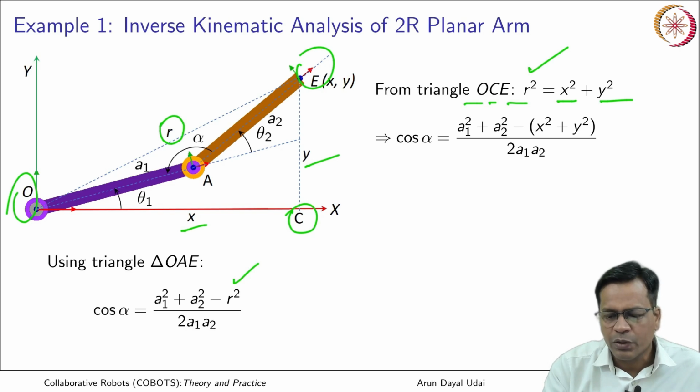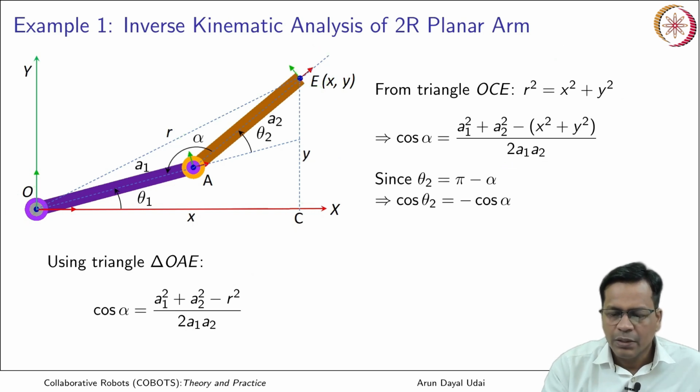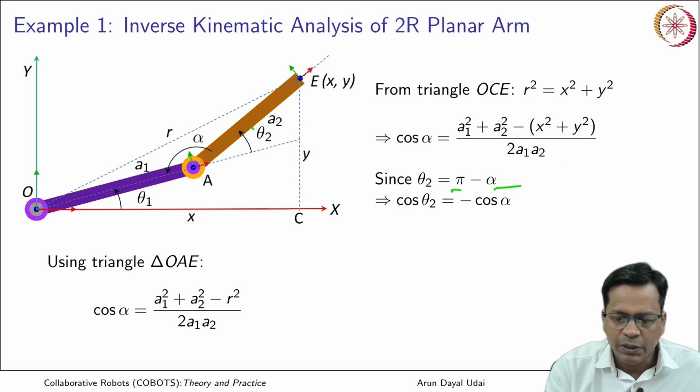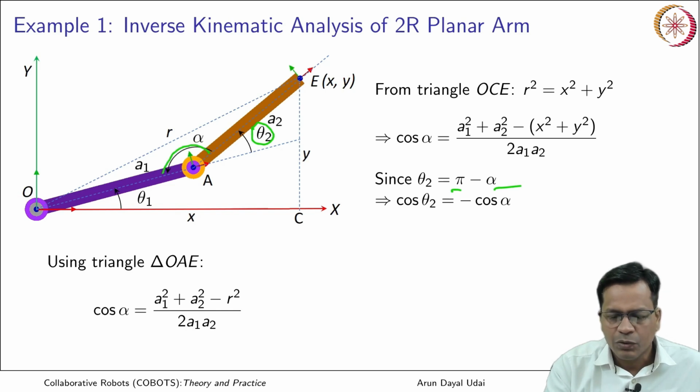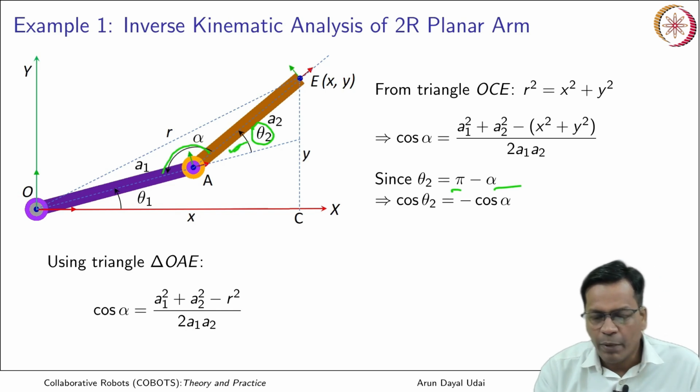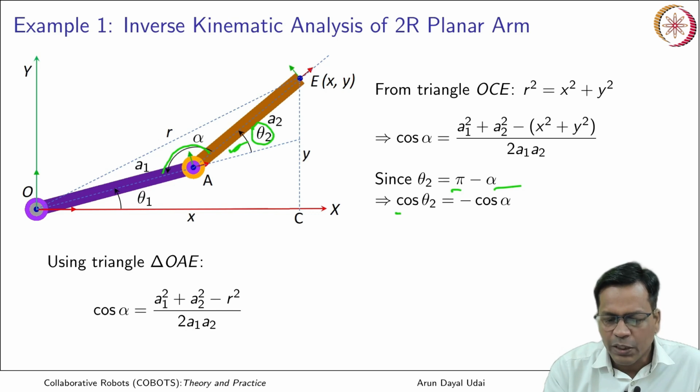Cosine of alpha is equal to (A1 square plus A2 square minus (x square plus y square)) by 2 A1 A2. Now since theta 2 is equal to pi minus alpha, this is the angle. So cosine of theta 2 is equal to minus cosine of alpha.